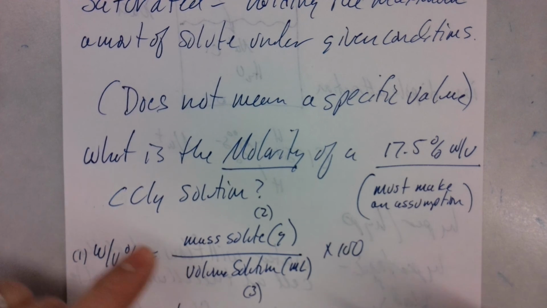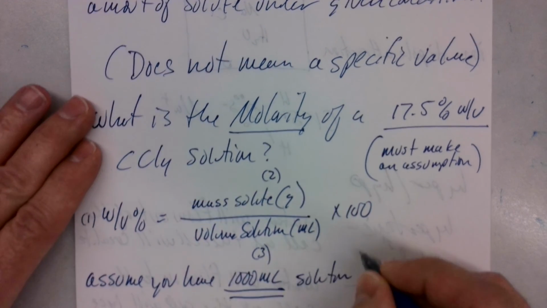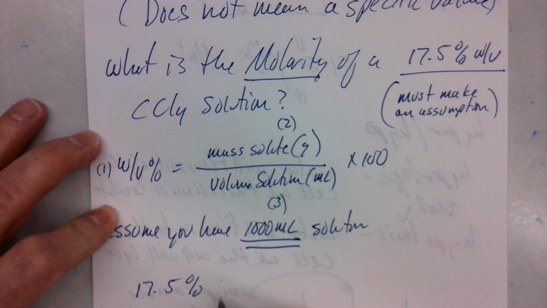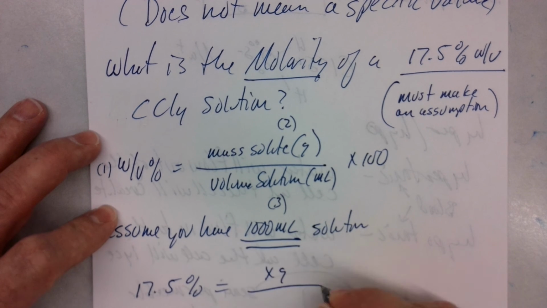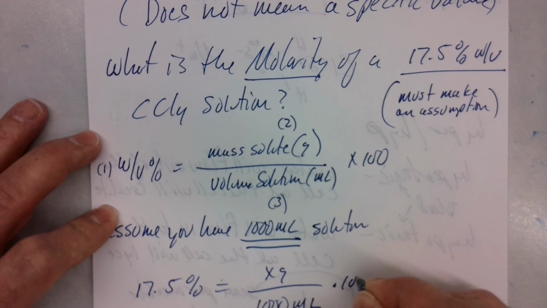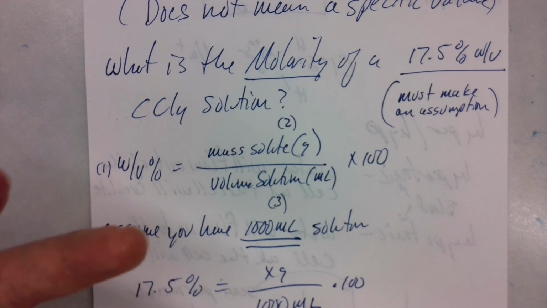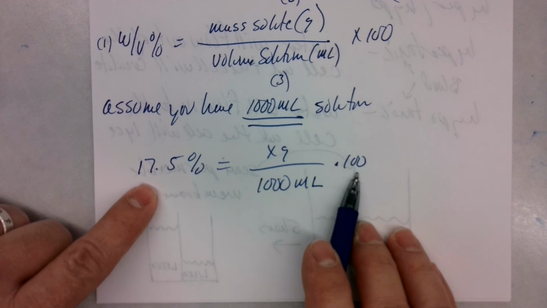So if I assume I have 1,000 milliliters of solution, this problem becomes 17.5% equals, let's just say X grams over 1,000 milliliters times 100. I don't need to worry about this.